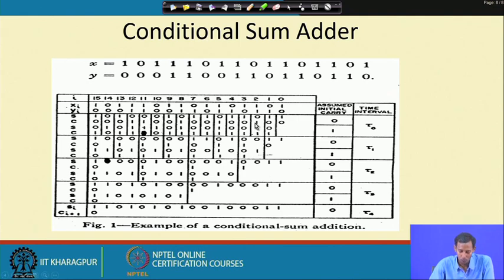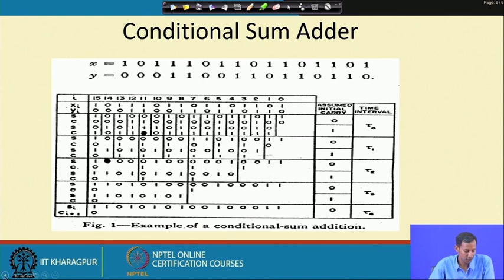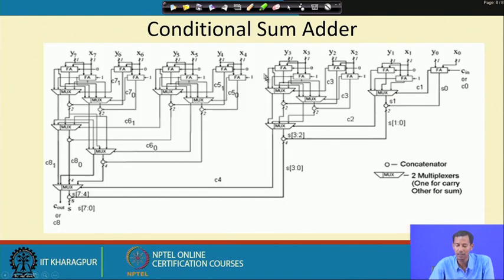So now, if you just go back, this C 3 will take the decision. It will take the decision for the y 3 and x 3 sum selection or the carry generation selection.